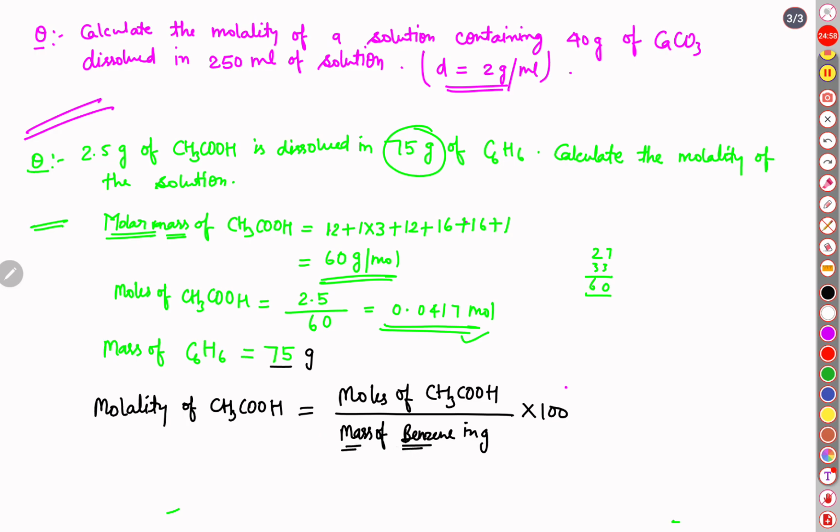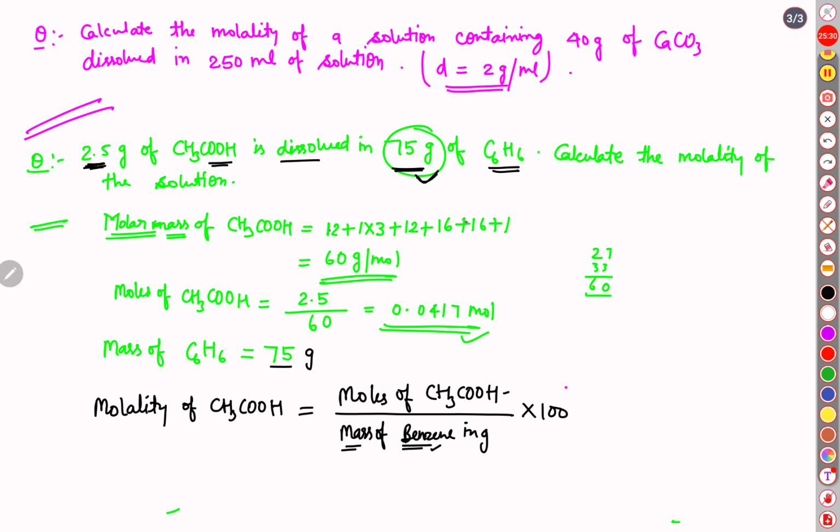Because already 2.5 gram of ethanoic acid is dissolved in 75 gram of C6H6, which means that C6H6 is the solvent, and 2.5 gram is the solute. Clear? That's why we have put the CH3COOH as numerator and benzene as denominator.